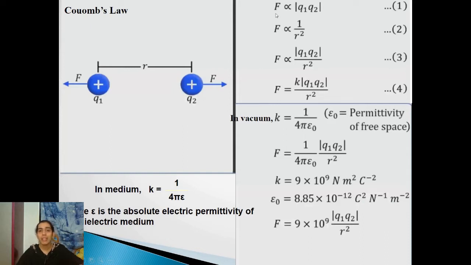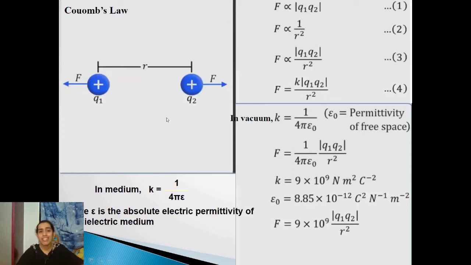Mathematically, it can be written as F, where F indicates force, is proportional to the product of the magnitude of the 2 charges. The product of the 2 charges is Q1 and Q2. Since it is magnitude, I have considered the modulus of these 2 charges. Let us consider that as equation number 1.